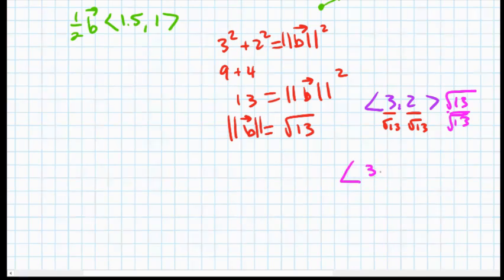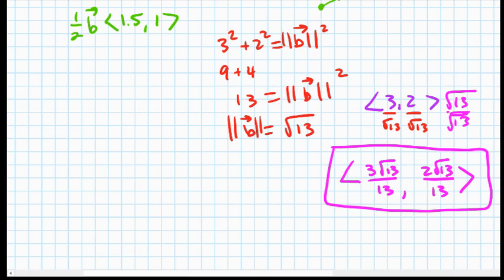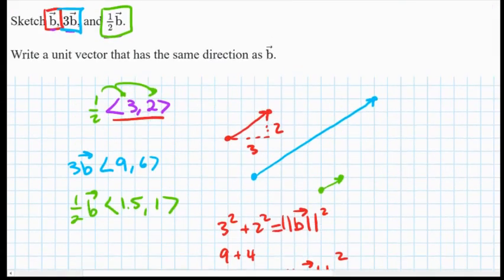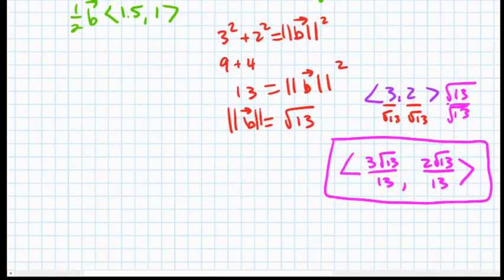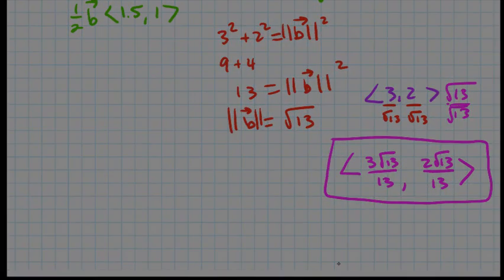So it's getting a little bit ugly here, but our final components of our unit vector that has the same direction are 3 root 13 over 13 and 2 root 13 over 13. So there's a unit vector that has the same direction as vector b.